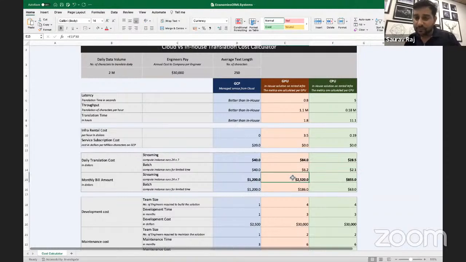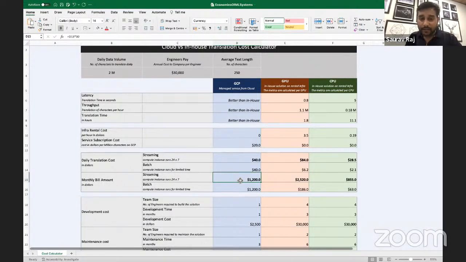This also means that our GPU or compute instances are now better utilized. Previously, for a streaming use case, they were underutilized, but now as the data volume increases, we are utilizing our GPU instances better, and we are not paying extra. But on the cloud, for every million characters, the more the volume increases, the more the cost.